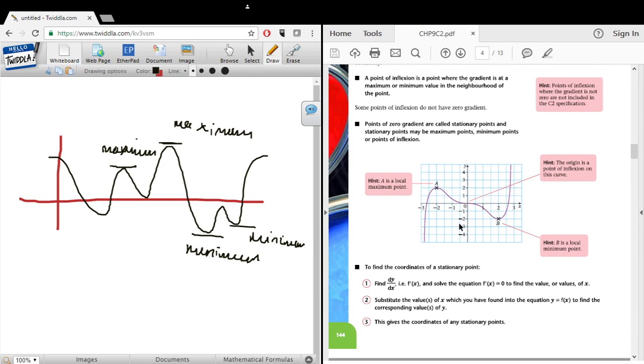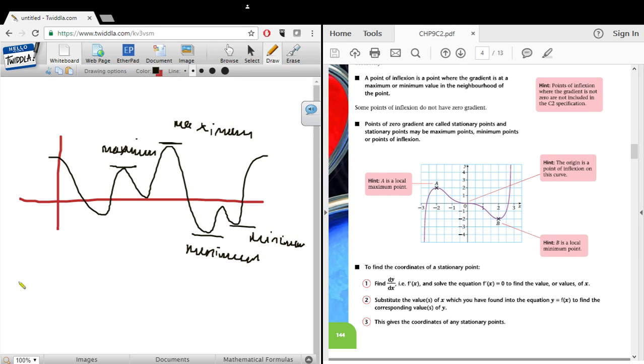And then it says here that a stationary point is also the name used for a point of zero gradient, and stationary points may be maximum points, minimum points, and points of inflection.